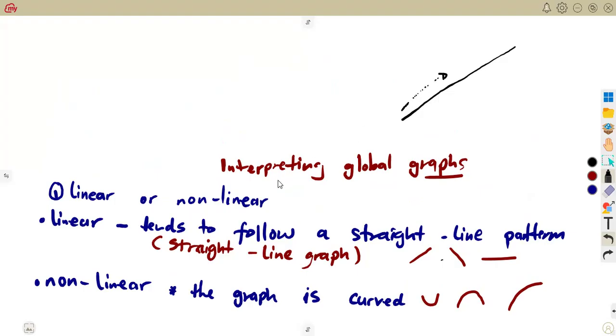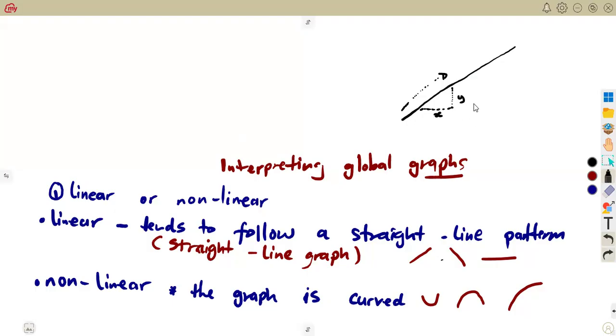It is based on the rate of change of the y and the x values. Let's say we have a y value and an x value. The rate of change between these two values is how the values are changing from one point to another.